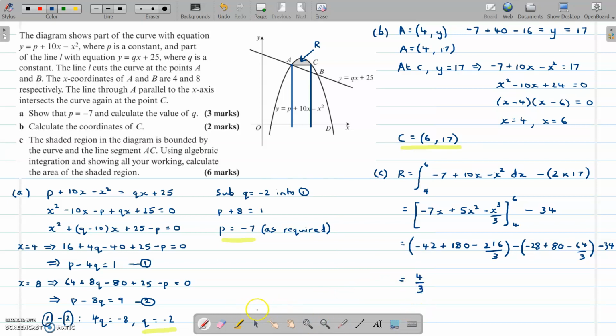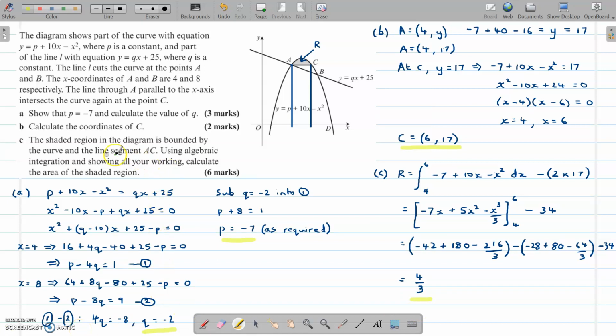That is the area under the graph between A and C and the top of the curve, with the rectangle removed because of the minus 34 at the end. And that is the complete solution to that question.